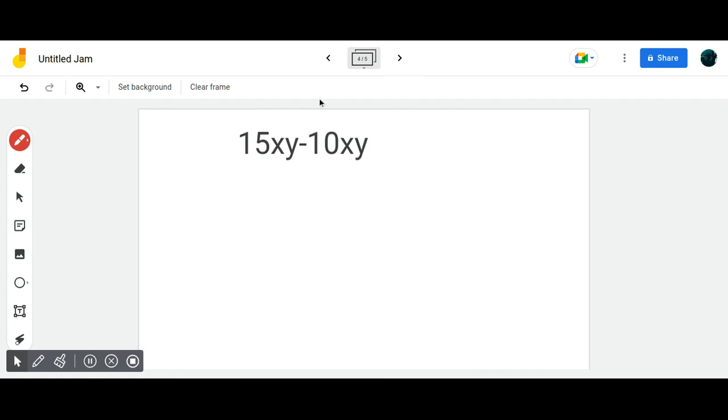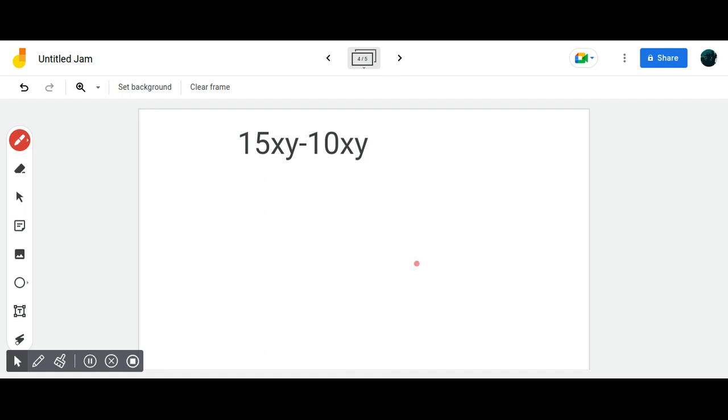Moving on to this question, 15xy minus 10xy is just the same principle you're applying. Identify the highest common factor of 15xy and 10xy. We realize that they both have the same variables. They both have x and y as their variables, right?